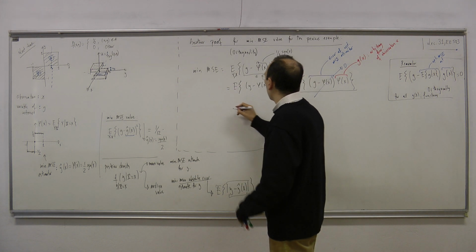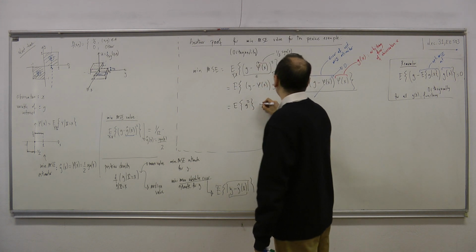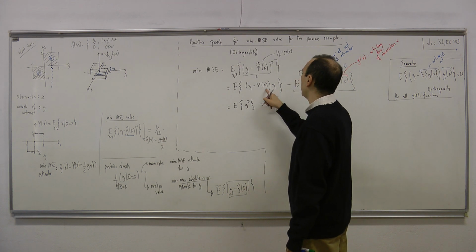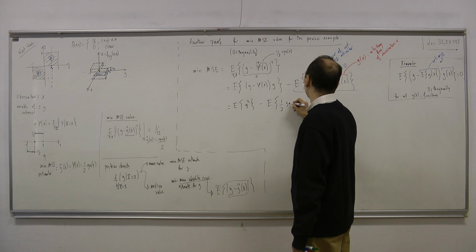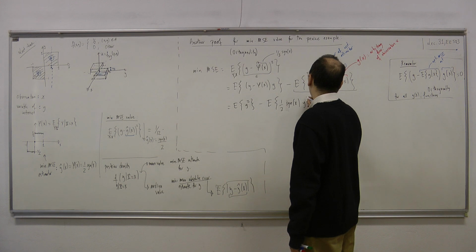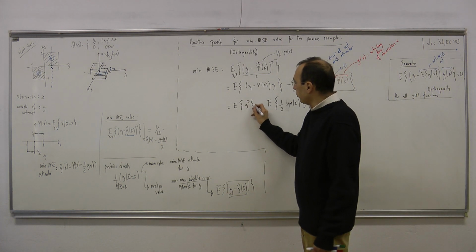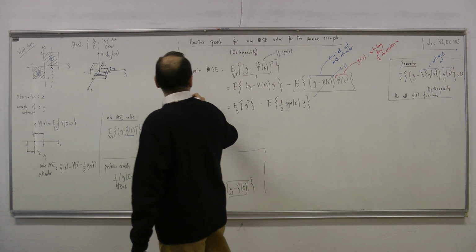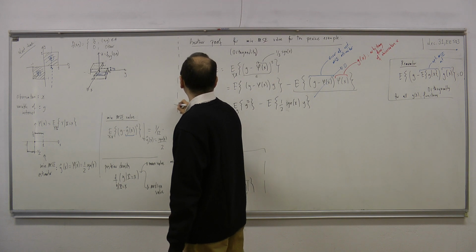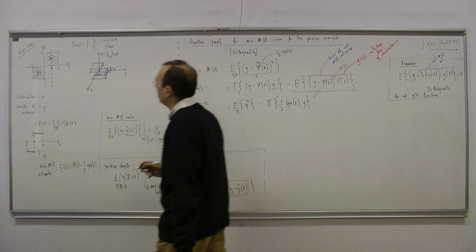So now I end up with expected value of y squared minus expected value of 1 over 2 signum x and y. Right now this is over y, so can I find the density of y? It's very easy.